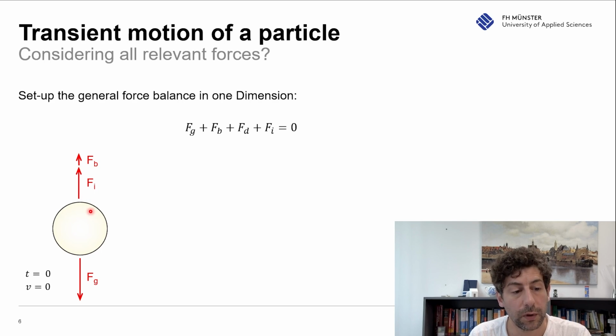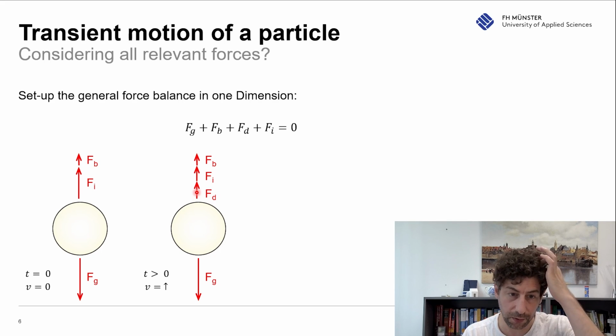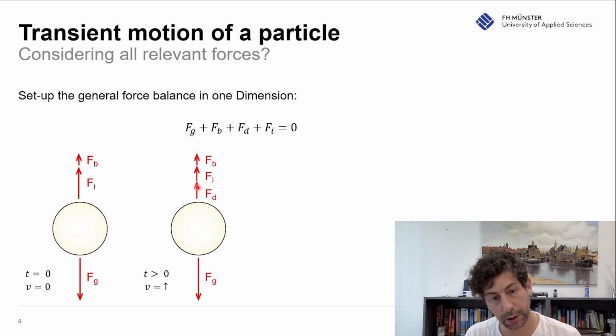And if we now start the time running, so t is larger than 0, the velocity increases because the particle accelerated. And with increasing velocity, we now get resistance from the fluid. So we get a drag force. And the drag force acts against the motion and slows down the acceleration. And when the acceleration slows down, the inertia slows down, right?